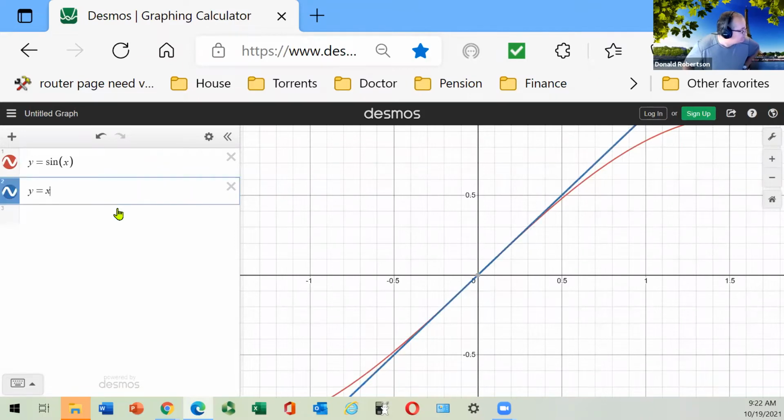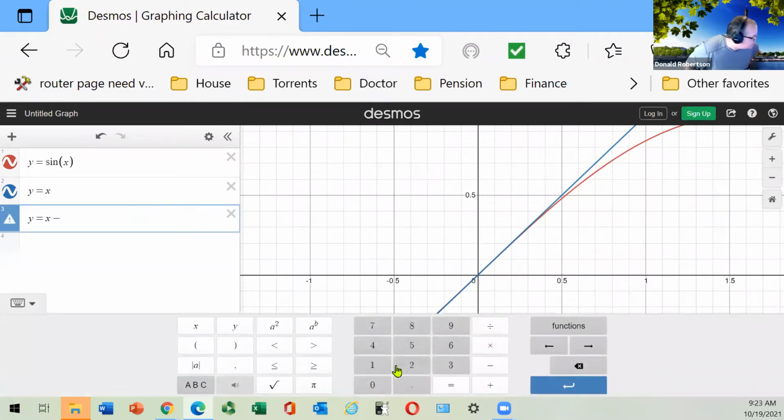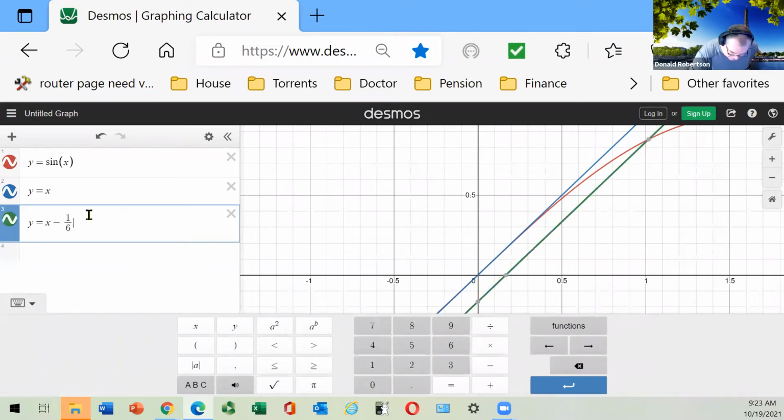Now, if I take that guy and we put in our T3, which is a little bit messier, it's y equals x, and then you take away 1/6 x cubed, so I'll have to set up a fraction here. Can I do that? No, you only need to do it like that. Yeah, good. An x cubed.